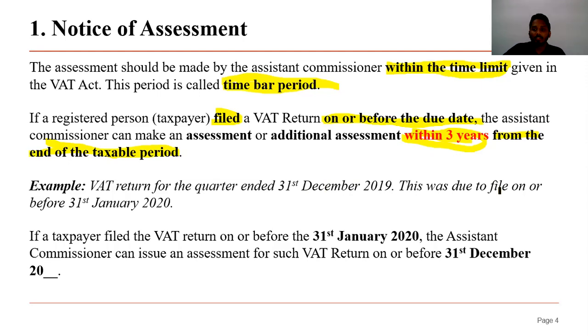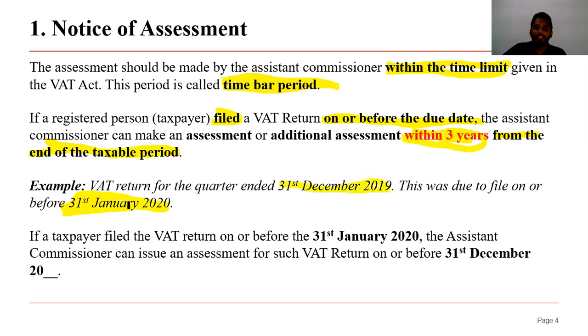This was due to be filed on or before 31st January 2020. Then they filed the VAT return for the quarter ended 31st December 2019.